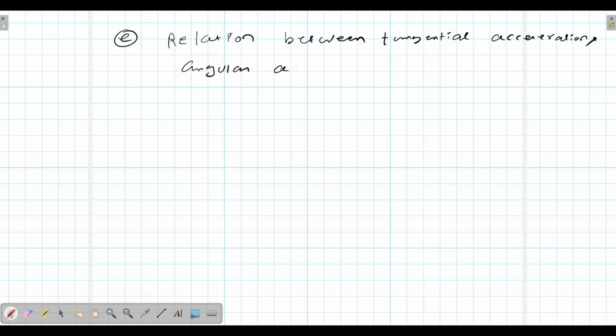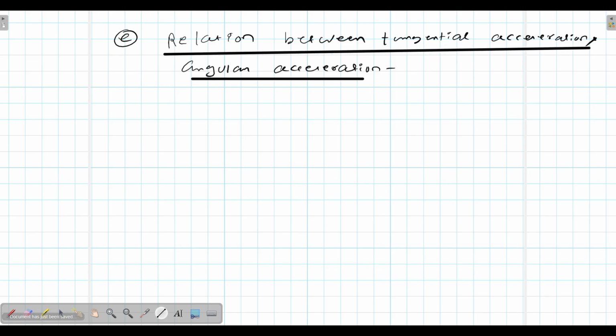Relation between tangential acceleration and angular acceleration.